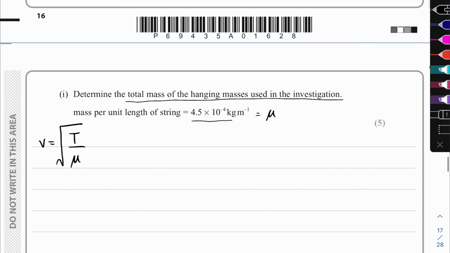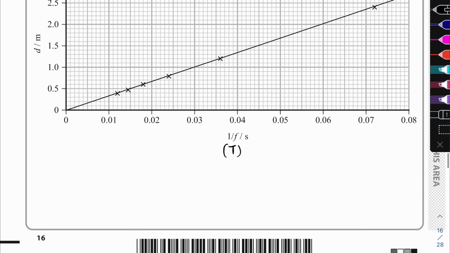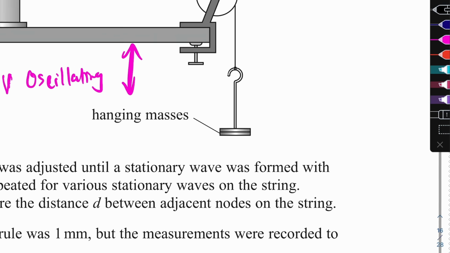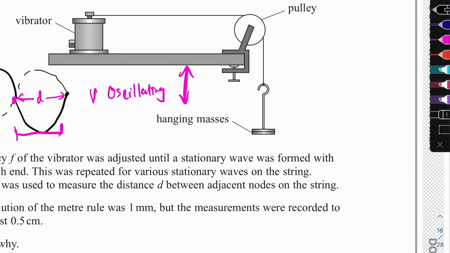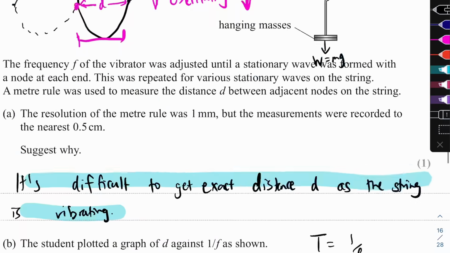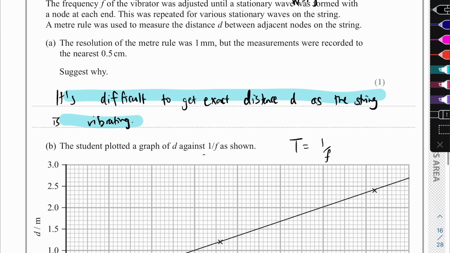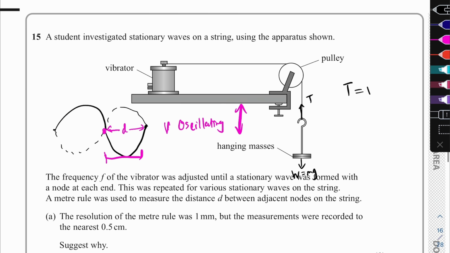All right, let's go back to the hanging masses and look at them in detail. What's happening? There is weight over here. Weight equals mg, and that's supported by the tension of the string. So the tension mentioned in our first equation, T, can be represented by W, which is represented by mg.